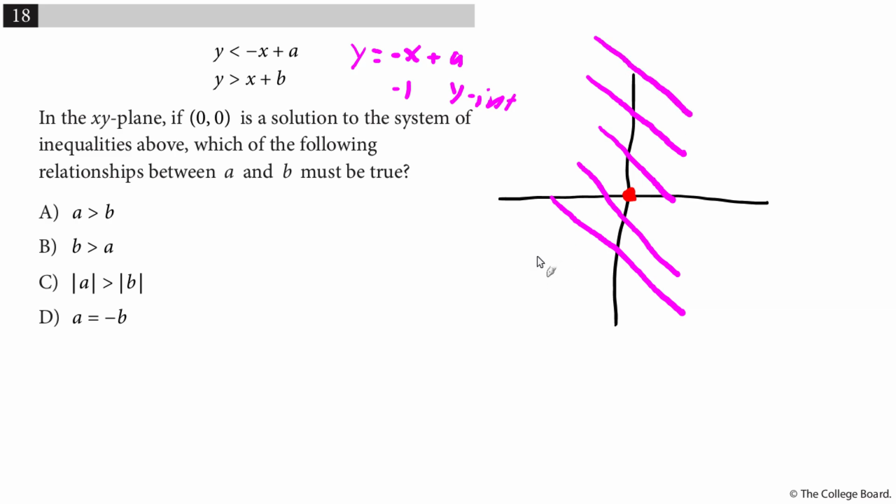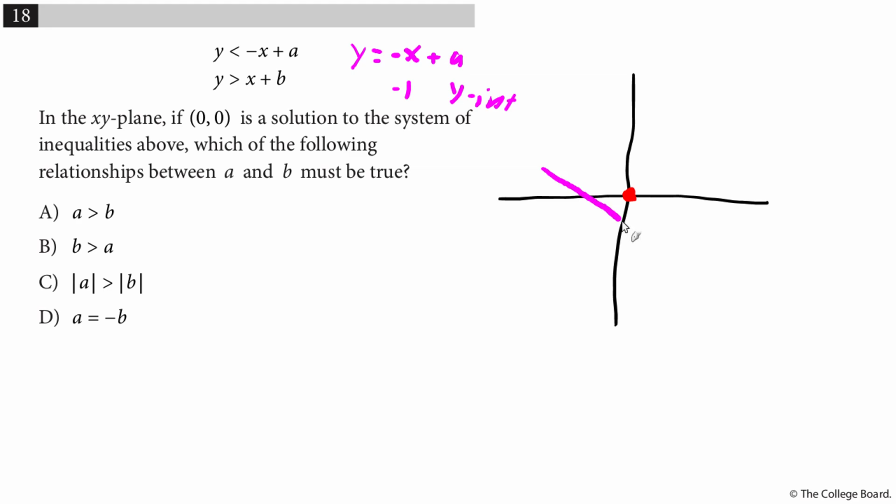But here's the thing. I want to have what's less than this, which means I want to have things below. And so if I have solutions below, let me get rid of all these lines. If I have a down here, I'm only going to get, I know I'm making solid lines, it'll be dotted, I'll get there eventually. This is where my solution space is, and so (0, 0) would not be in there.